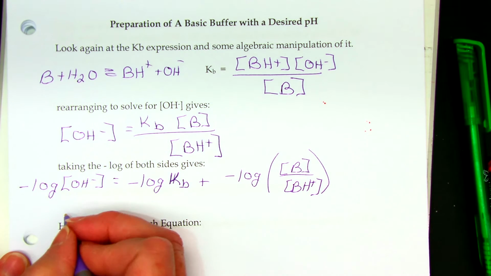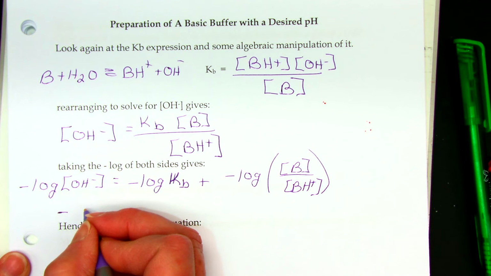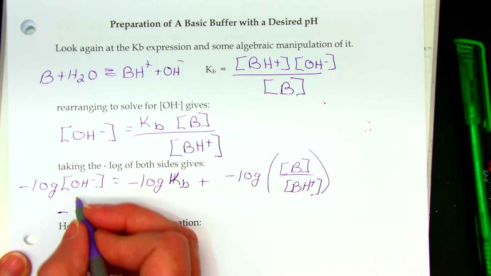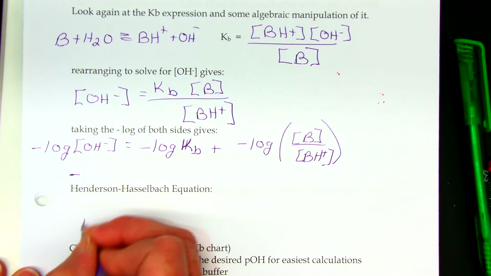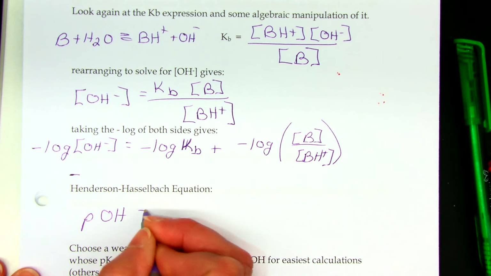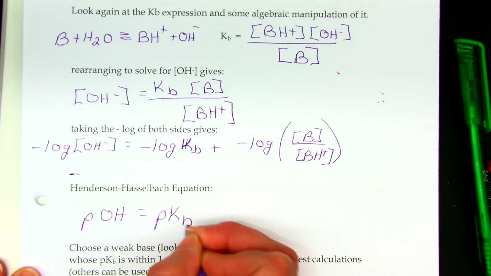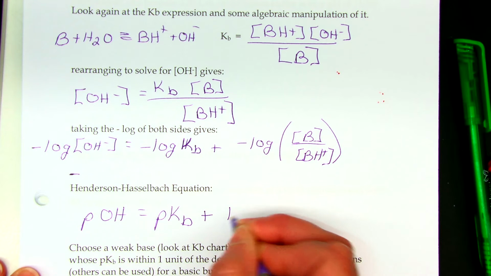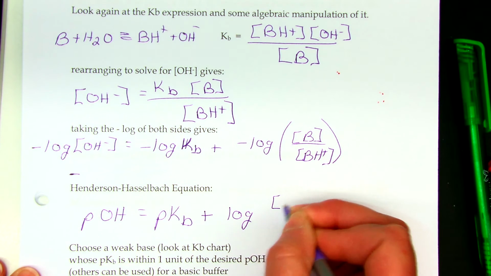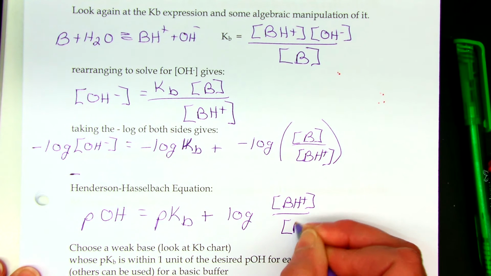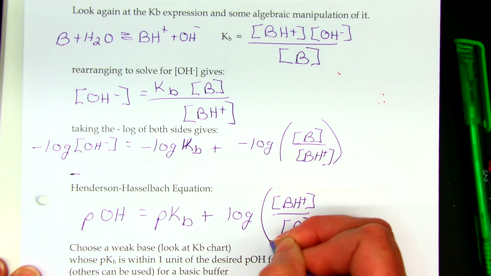So rearranging this, we get the negative log of the hydroxide is the pOH. The negative log of Kb is pKb plus the log of BH+ over B. So you'll notice that I got rid of the negative sign.